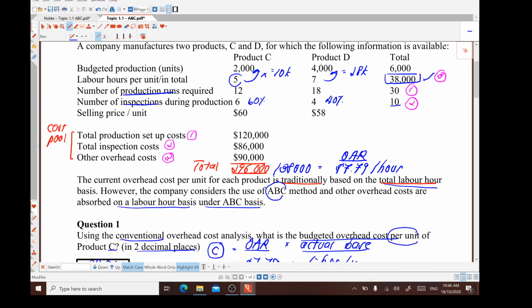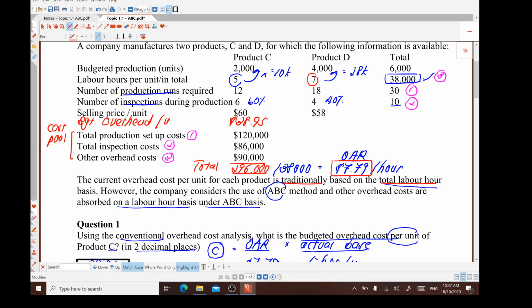Now, so you know what you can do? You can further analyze the case later on. For example, if let's say we're talking about our cost here, assuming that's the only cost that we have, the budgeted overhead cost per unit. Now this is 38.95. I think that's possible to calculate even for D. If it's D, taking the 7.79 again and to multiply by 7.